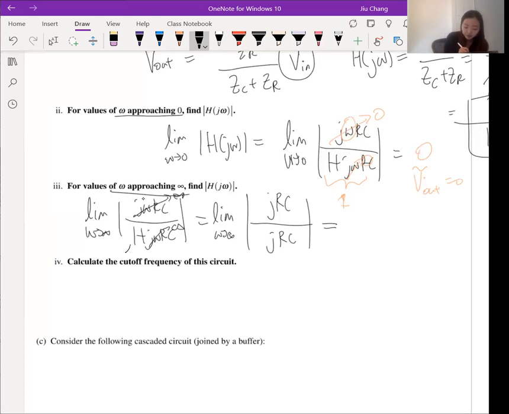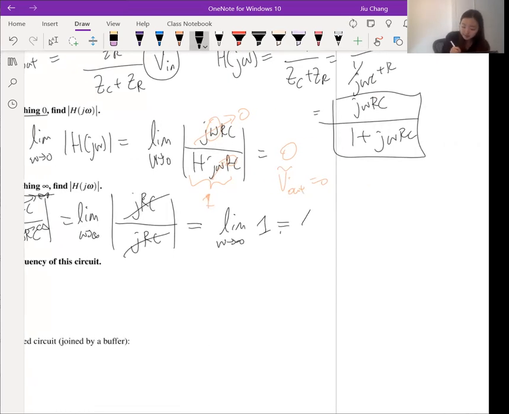So we lose 1 because 1 is not dependent on the omega, so it's just 0 when we take the derivative. And this cancels out to 1. So that just means when we have omega approaching infinity, our Vout is almost equal to our Vin.